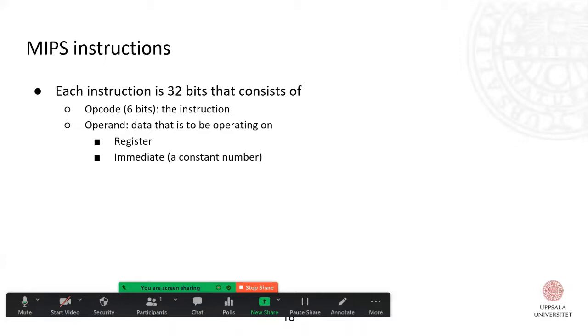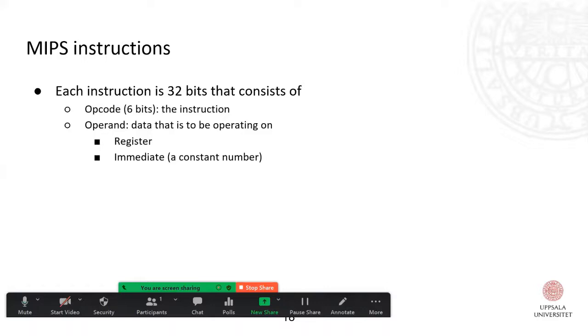Then after the opcode, we have operands, which are the data that you are going to do your calculation on, for example, the data that you are going to sum up together or subtract from each other, and so on.